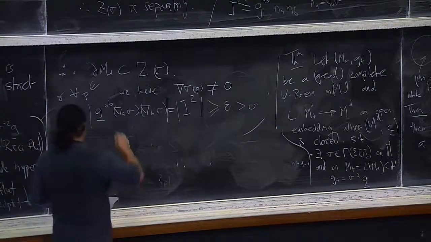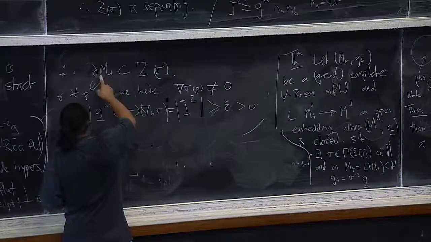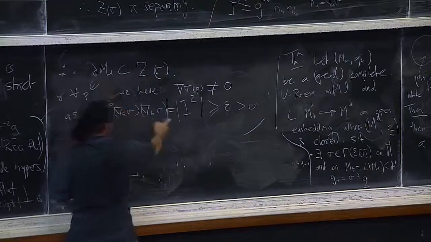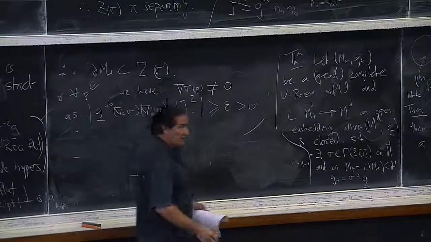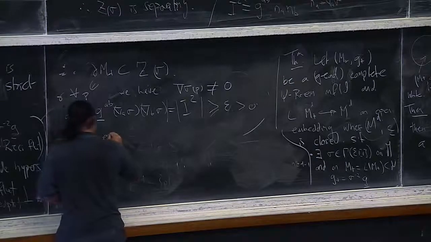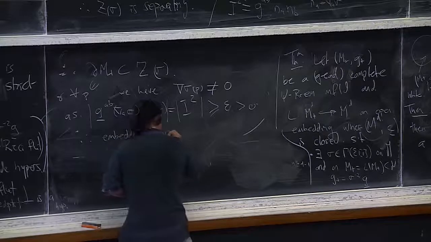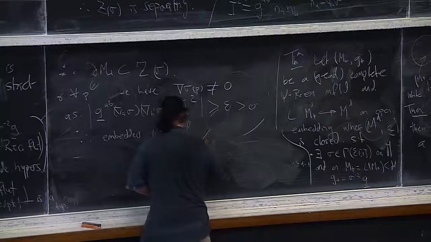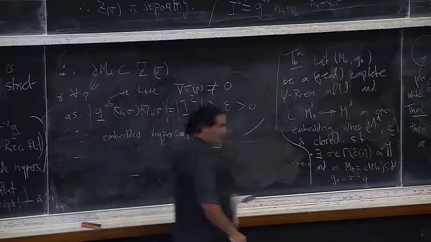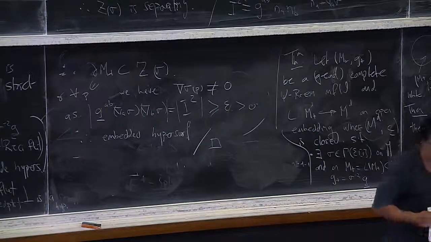And so this sigma is 0 at all these points in here, but the derivative is not 0 at those points, so again it's an embedded hypersurface. And that's the sketch of the argument. Okay, so I'll stop there.